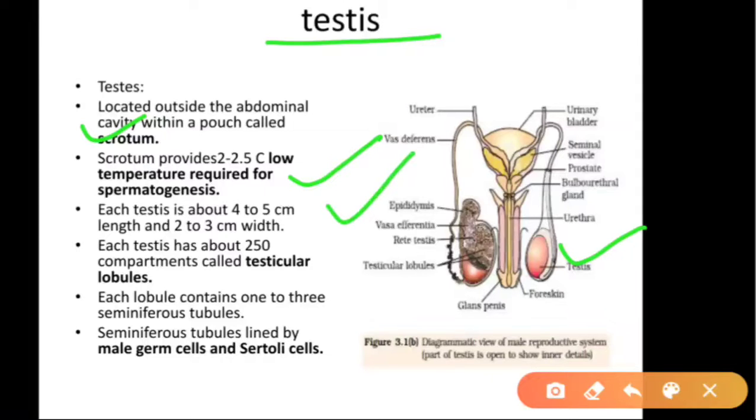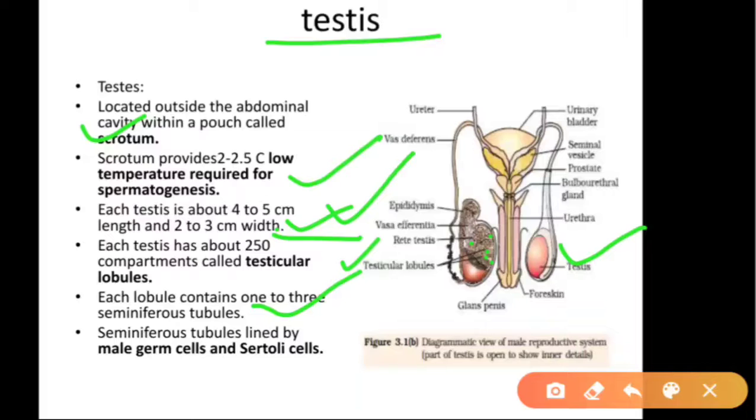Each testis is about 4 to 5 centimeters in length and 2 to 3 centimeters in breadth. And most important point, each testis contains about 250 testicular lobules. Each testicular lobule contains a tube-like structure called seminiferous tubules.